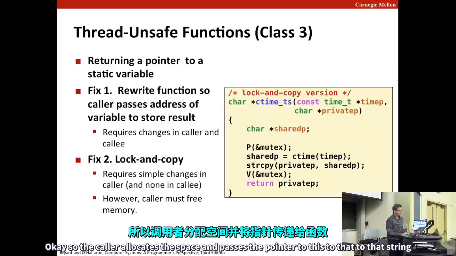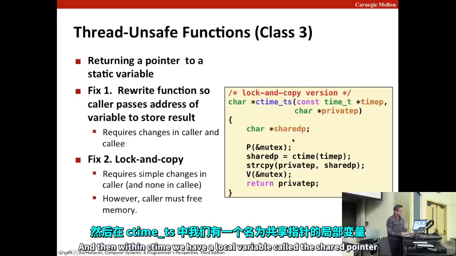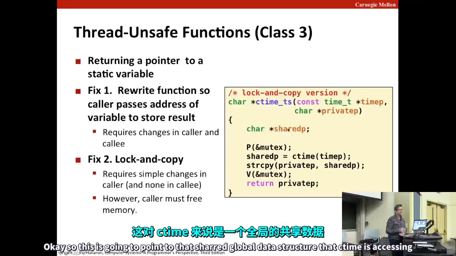Okay, so the caller allocates the space and passes the pointer to that string. And then within ctime_ts, we have a local variable called the shared pointer. Okay, so this is going to point to that shared global data structure that ctime is accessing.